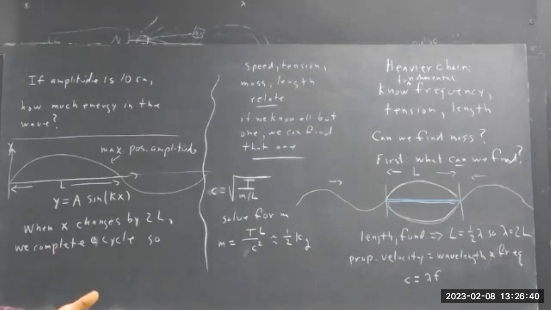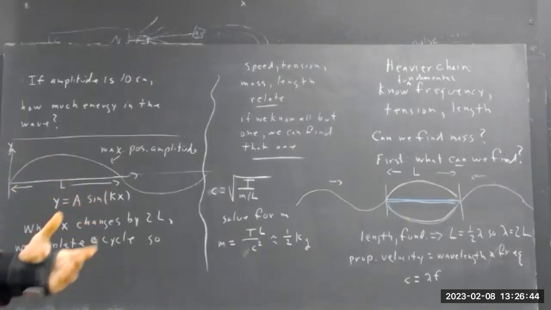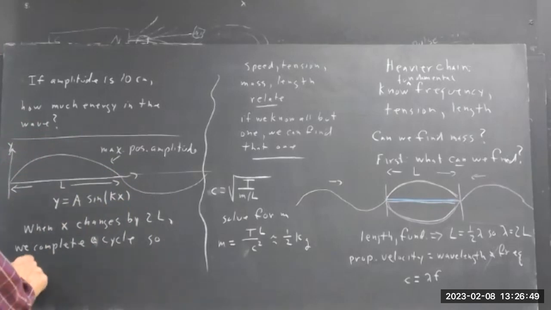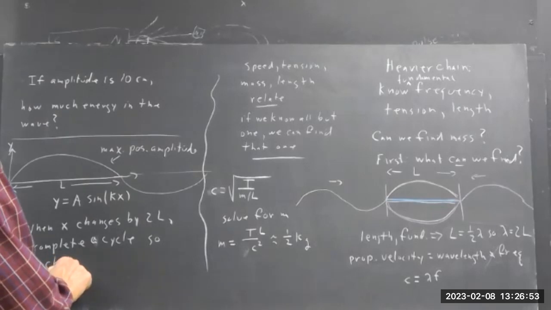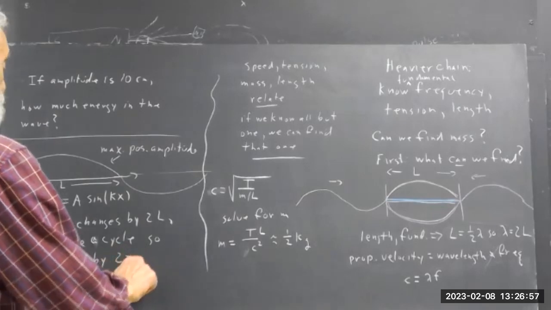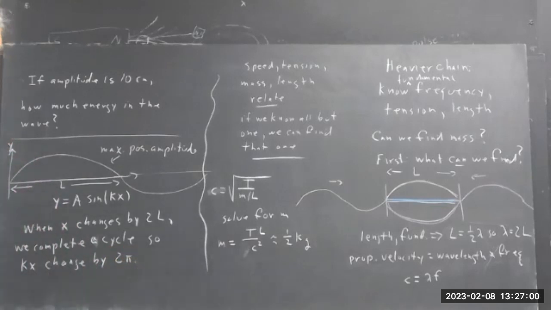I think y'all are just pulling my chain. So we complete a cycle, so KX changes by 2 pi.